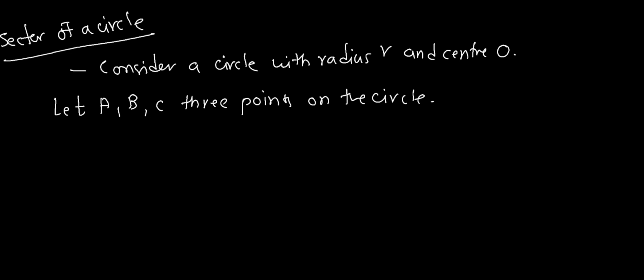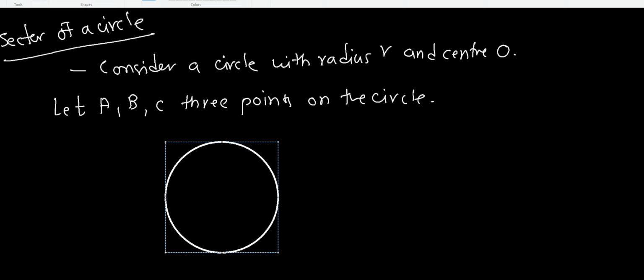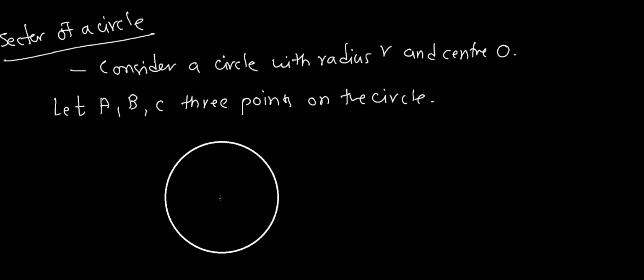So we'll draw this. This is our center O, then A, B, and this is point C. These are 3 points on the circle.